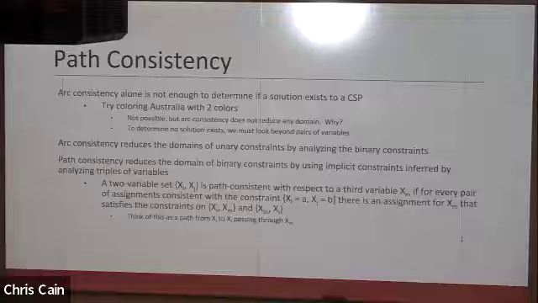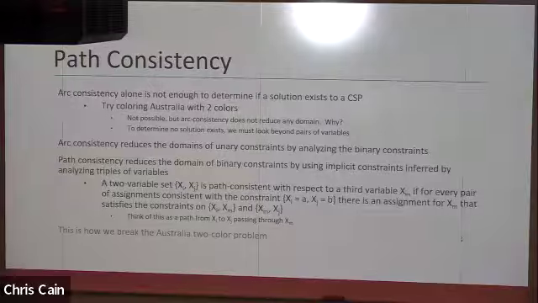Is there a legal value for the middle state given the values of the start and end? So this is the process that breaks the 2-color problem and shows that it's impossible. Our consistency didn't reduce that at all, but using path consistency, we can show that the problem is impossible.